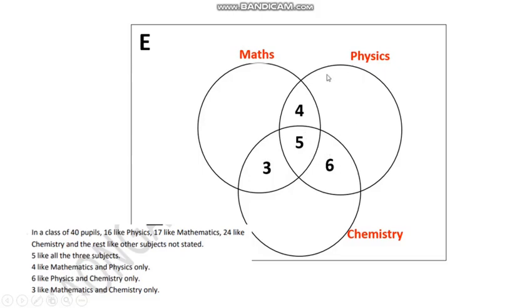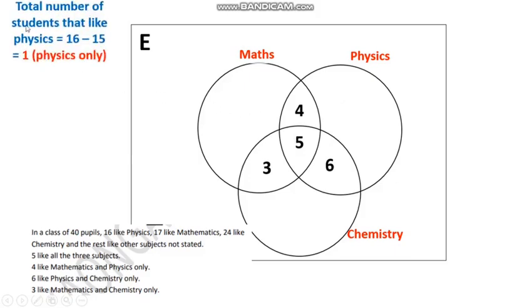Now, for physics they said there were 16. So 16 minus the 15 that you have gotten, you are going to remain with 1, which you are going to put here. This is the total number of students that like physics, equal to 16. So 16 minus 15 gives 1, placed here on physics.